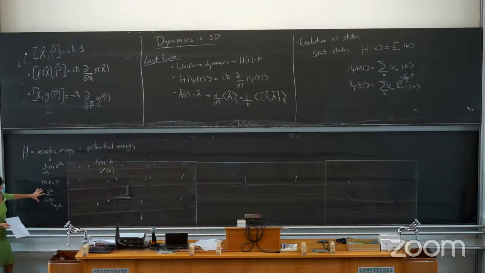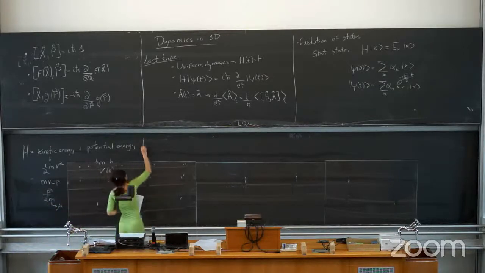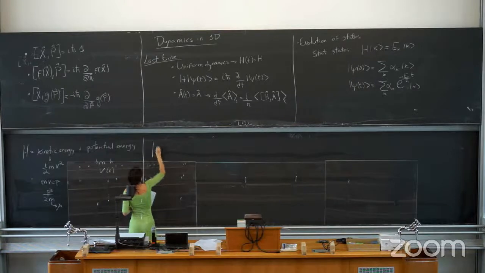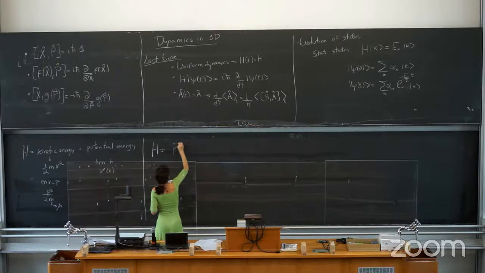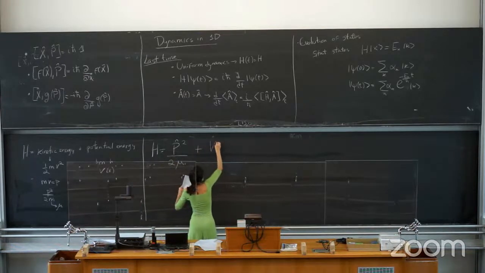The reason I express it in terms of p instead of velocity is that now we actually have a quantum operator that we call P. So in general, the Hamiltonian is going to be P squared, an operator, over 2 times the mass of the particle, which is just the kinetic energy, plus something that depends on the position of the particle.